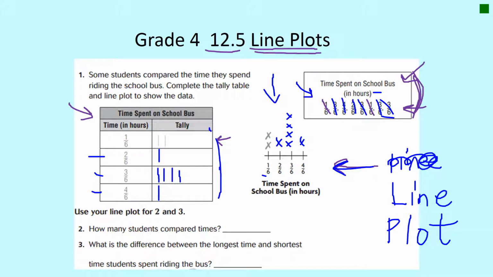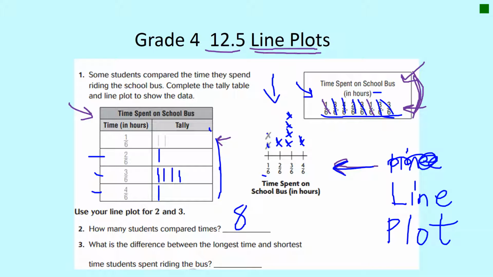I'm going to count the X's: 1, 2, 3, 4, 5, 6, 7, 8. How many students compared times? 8. Because every one of those X's stands for a student who shared what fraction of the hour they spend on the bus.